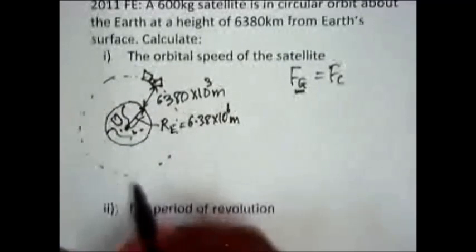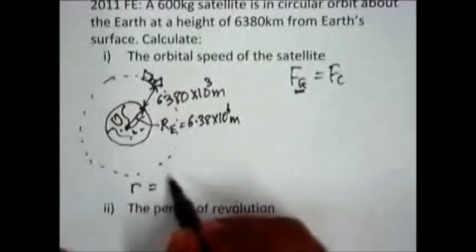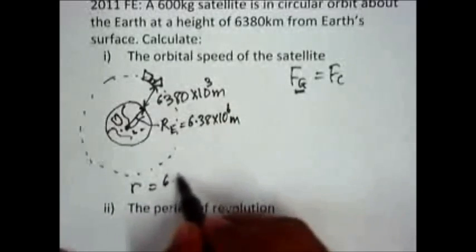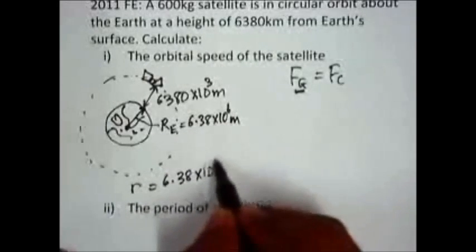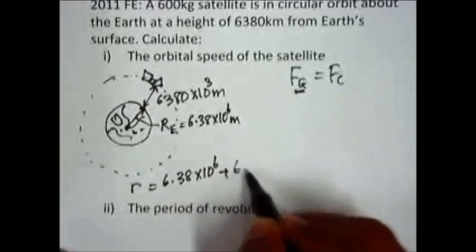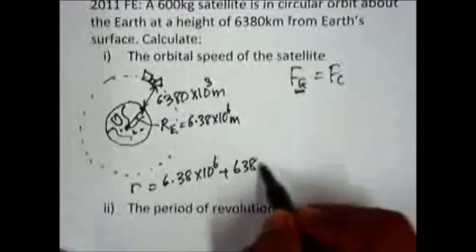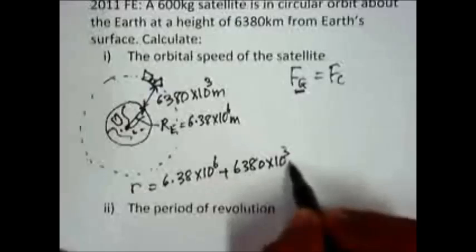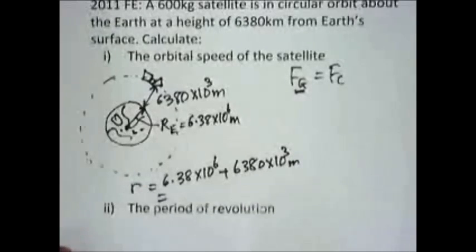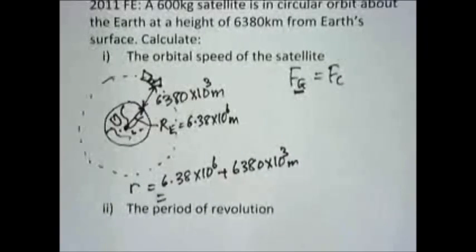So your total radius is actually equal to 6.38 times 10 to the power 6 plus 6,380 times 10 to the power 3 meters. That is your total radius, and that is the radius that you need to use in your calculation.